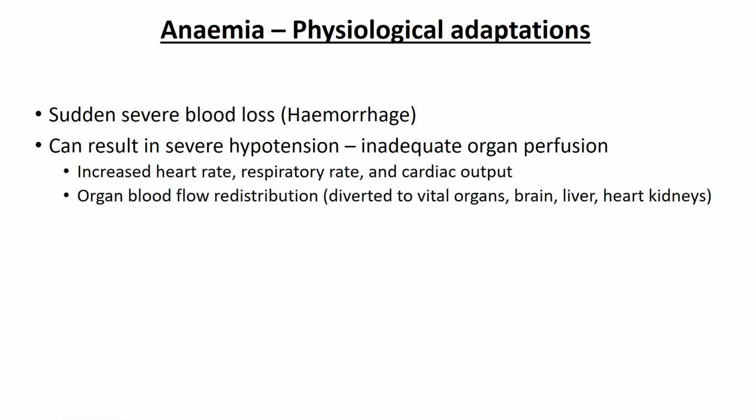This is where any drop in oxygen delivery can have drastic effects. So that's the importance of blood, and anemia can lead to hypertension. If you have hypertension and you're exercising, you might feel that your hands become numb, for example.